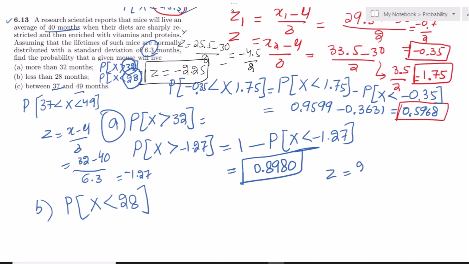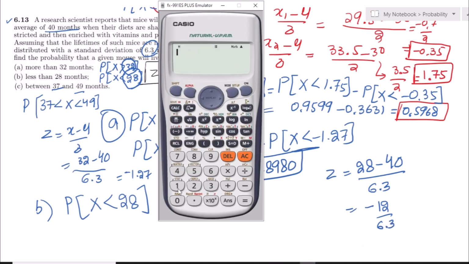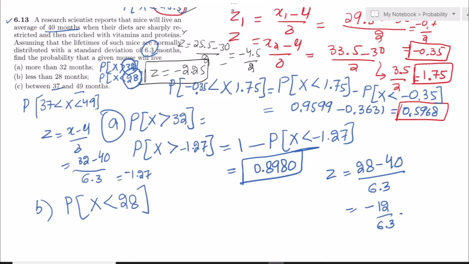That would be x minus mu, which is 40, divided by 6.3. So here it would be minus 12 divided by 6.3. 12 divided by 6.3 is 1.90. So this is minus 1.90.